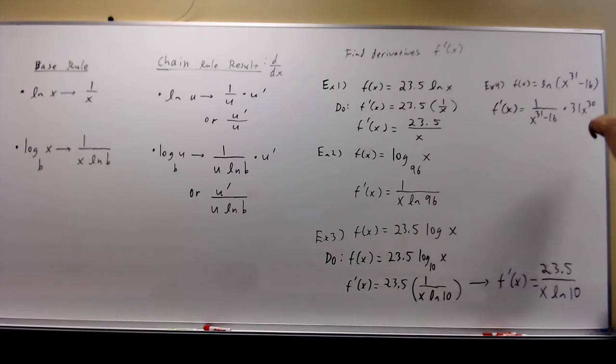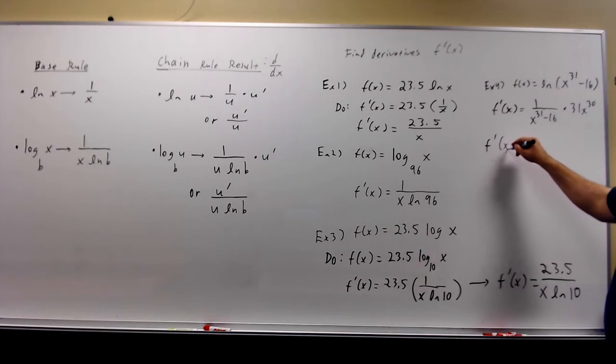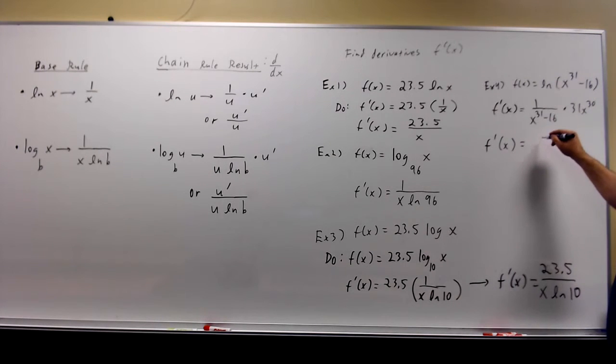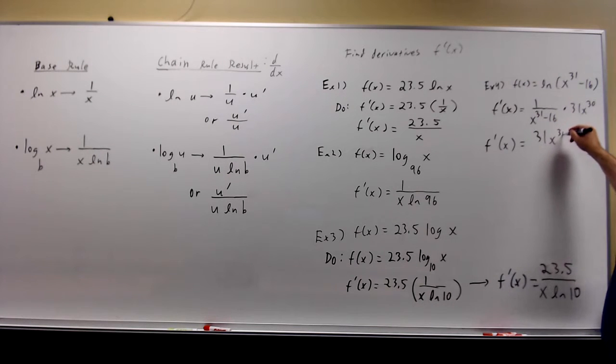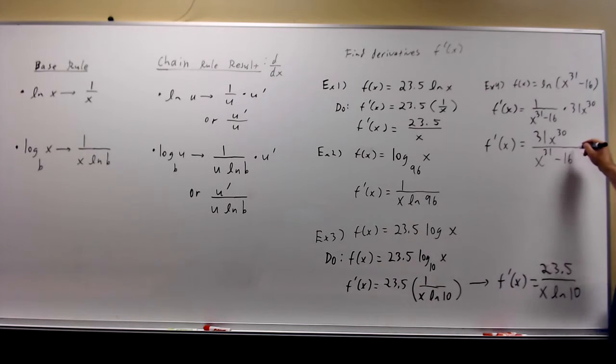And the derivative of 16 is 0. So f prime of x would equal, this times 1 is just 31x to the 30th over x to the 31st minus 16.